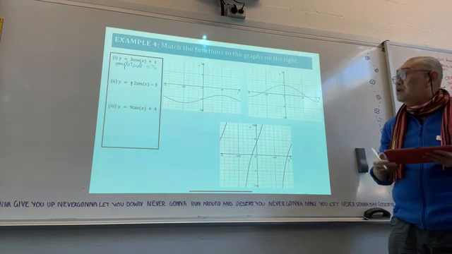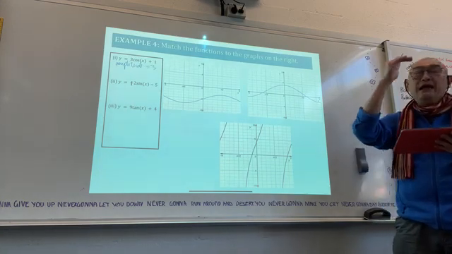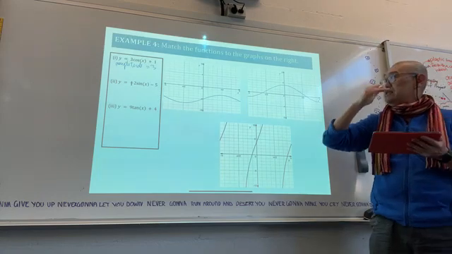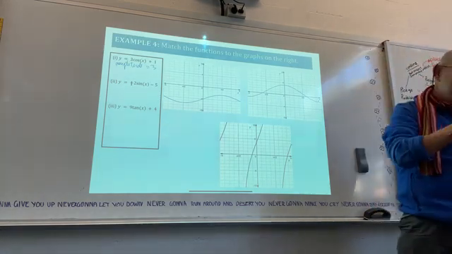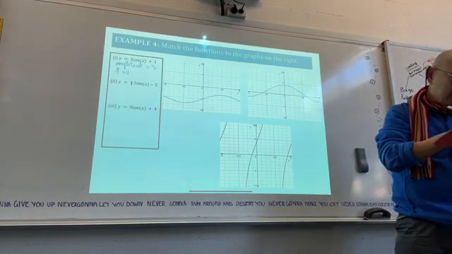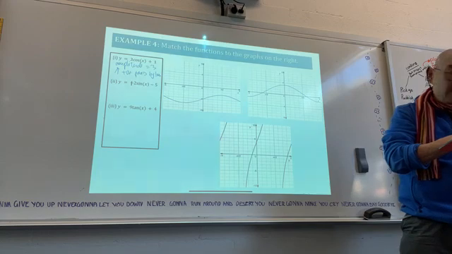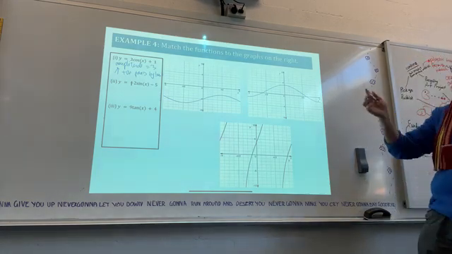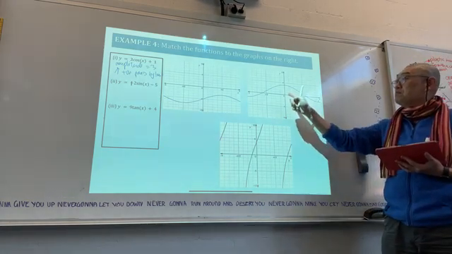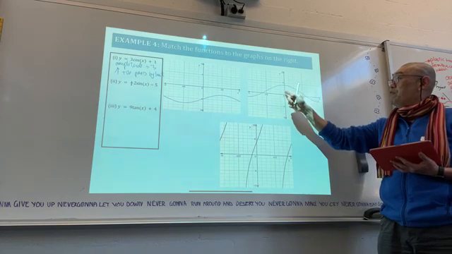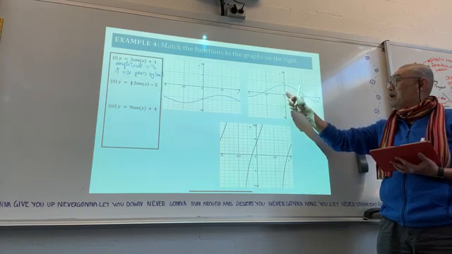Equals 3. Then you know that it's translated in the positive y axis by 1 unit. Alright, so cos curve. We start off somewhere here, correct?